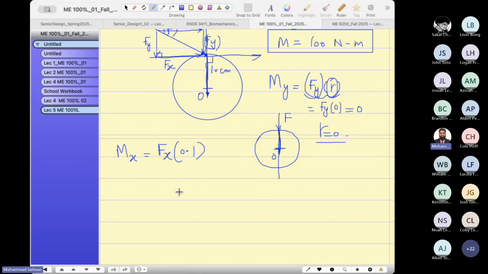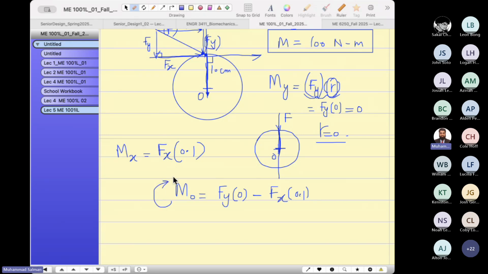So what is the total moment? I'm going to write down Fy times 0 minus Fx times 0.1. And you'll ask me, professor, why is it a negative sign here?